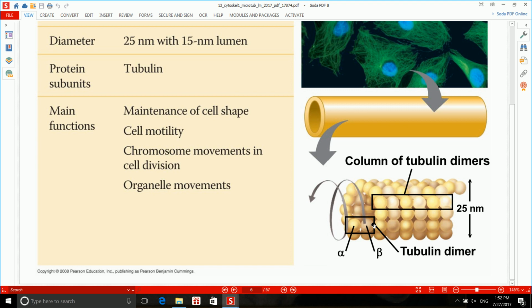And that is important. This GTP or GDP binding is important both in treadmilling of these microtubules, which we're going to talk about, and in the function of dynein, which we're going to talk about again. This is the motor protein.